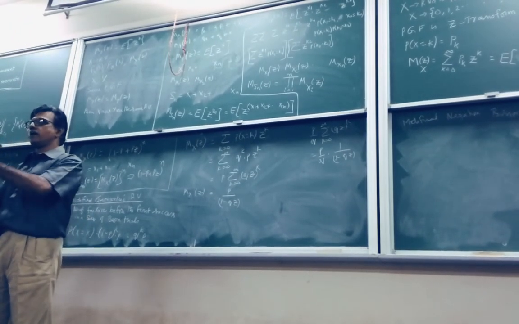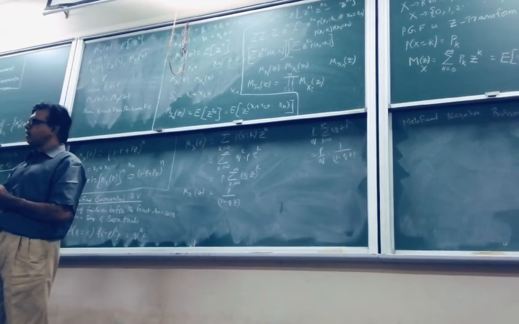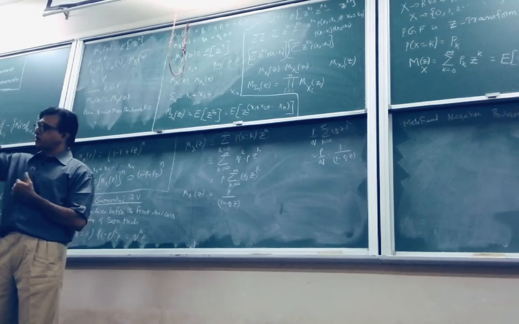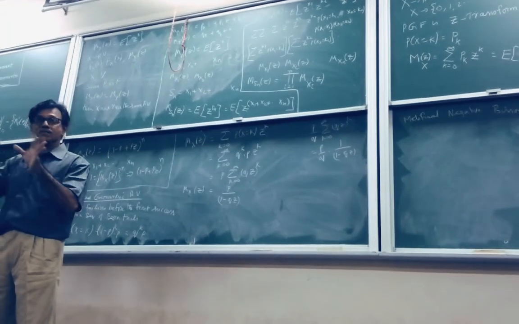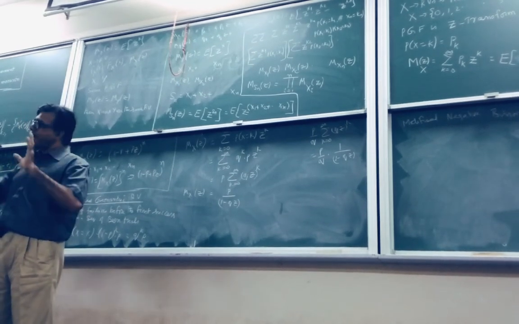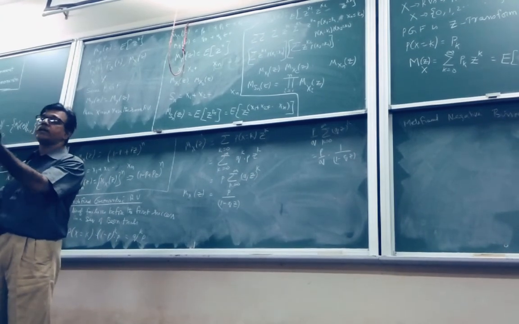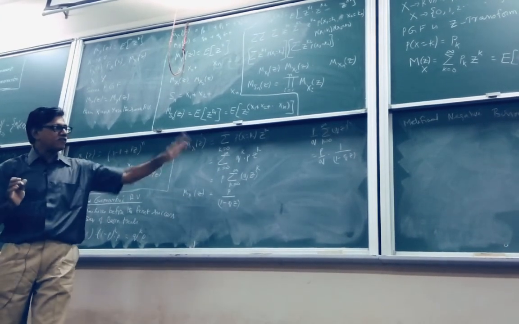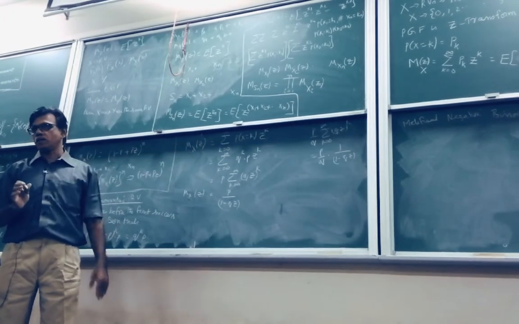Why? Because you are not asking the other way: you conduct n trials, what is the probability to get k successes? If you ask that kind of straightforward question, it is a binomial distribution. Negative binomial means you fix the number of successes and ask the number of trials you need to get that success. The number of trials needed to get the kth success is negative binomial.